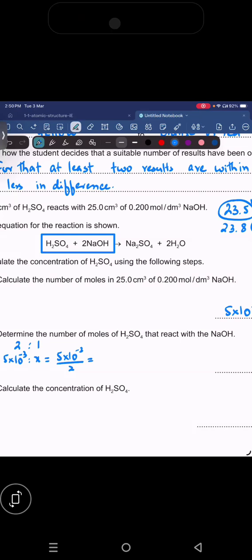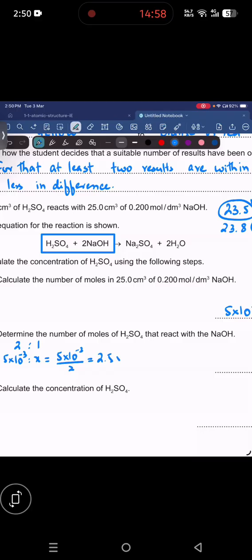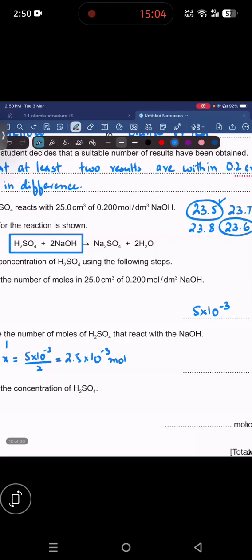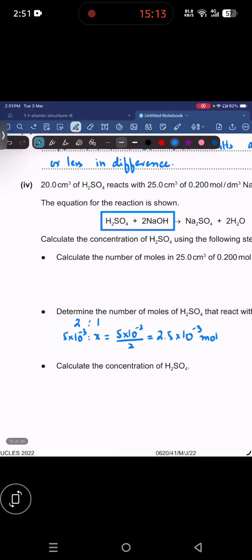Here Zainab has given the answer, and the answer is 2.5 times 10 power minus 3 moles. Good.